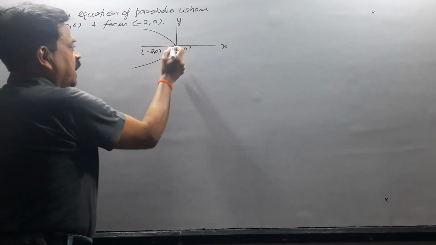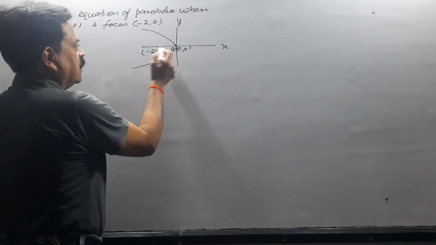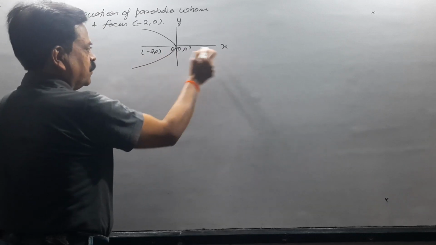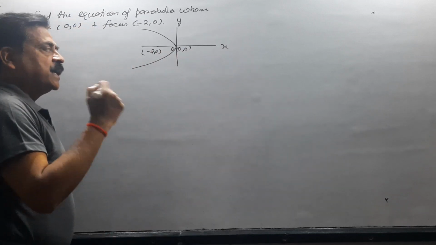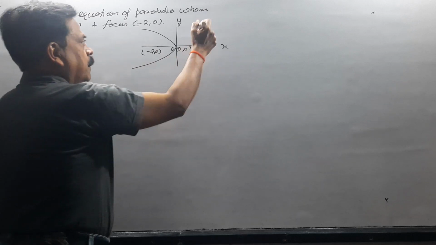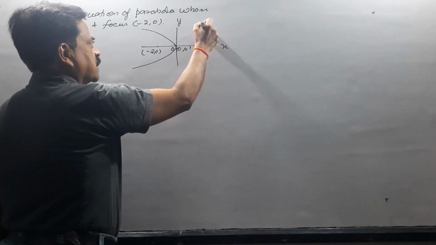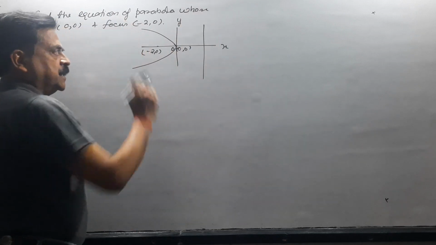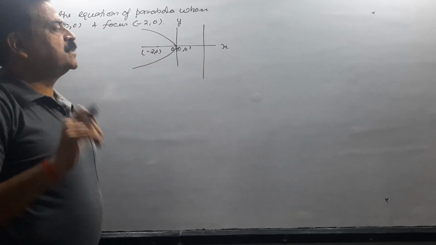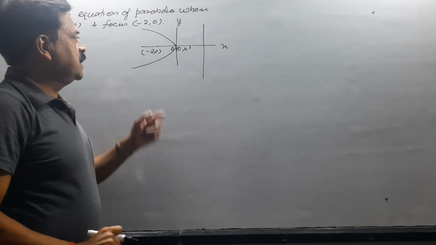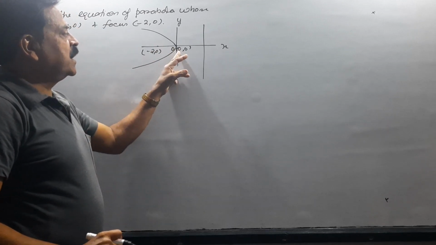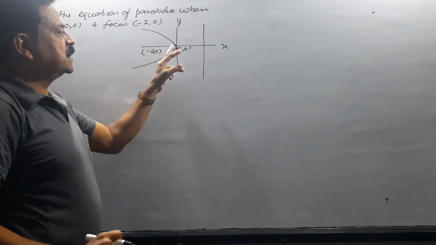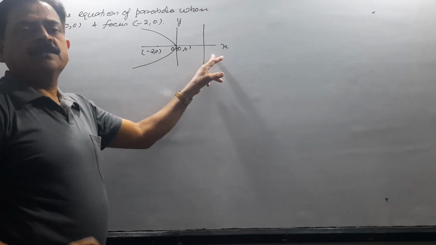So this line passing through vertex and focus is axis of parabola, which is x-axis. So the directrix of this parabola will be perpendicular to x-axis or parallel to y-axis. So this line is directrix. And one point we mentioned in properties of parabola is that the distance from vertex to focus and distance from vertex to directrix be same.